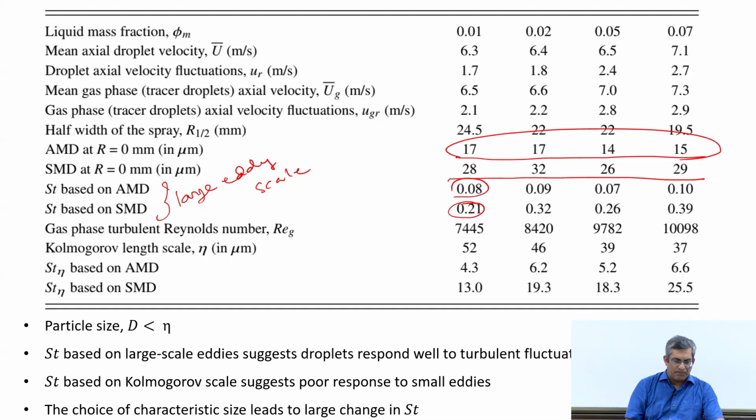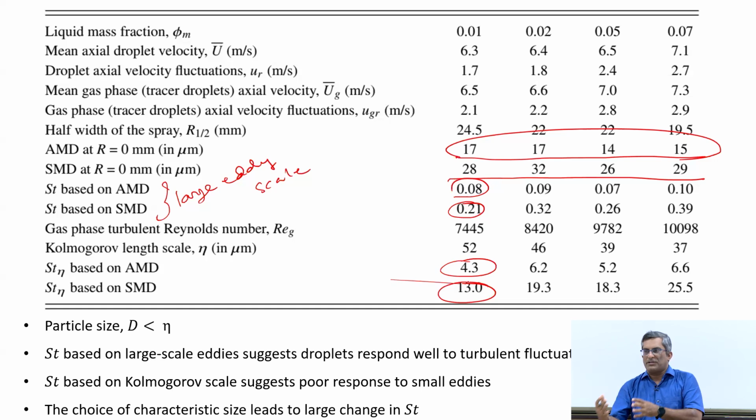But now look at the Stokes number based on the Kolmogorov scale. It is now much larger. So what does this mean? This means that the same droplets show poor response to the small eddies.